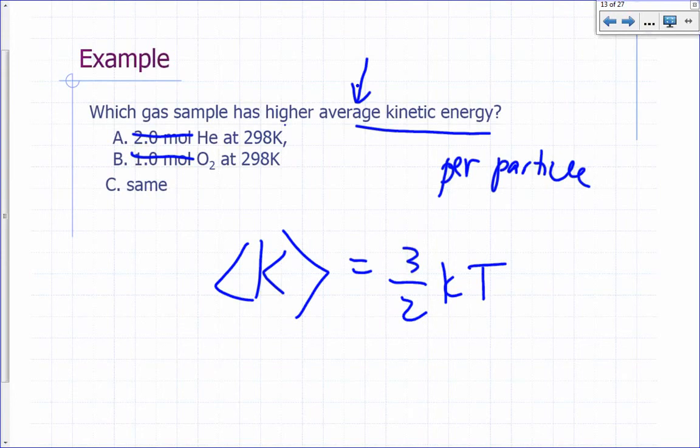So really just comparing helium and O2. They're going to have the same translational kinetic energy because they have the same temperature. So which one is the higher average kinetic energy?